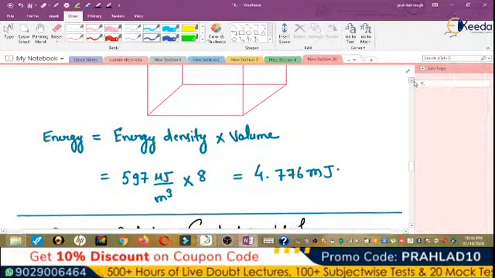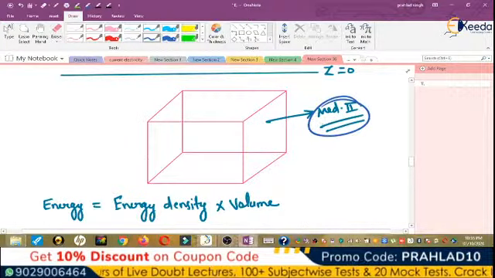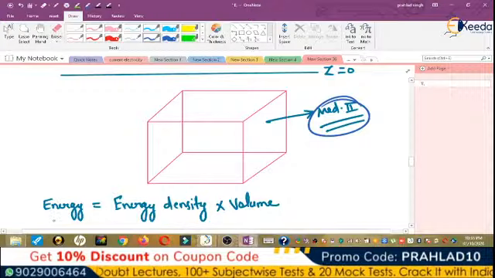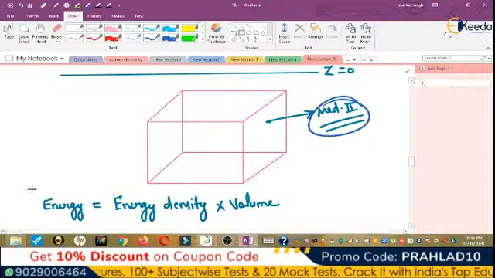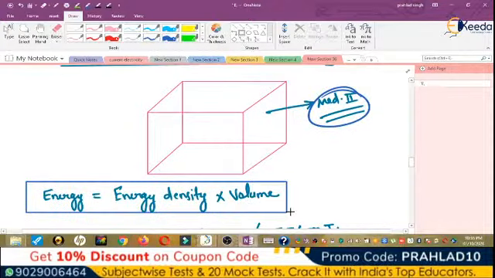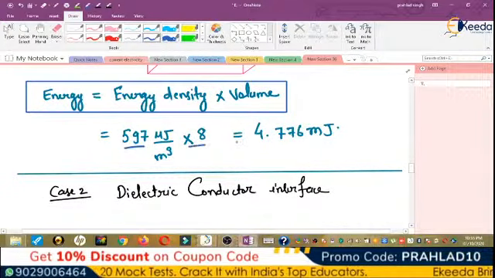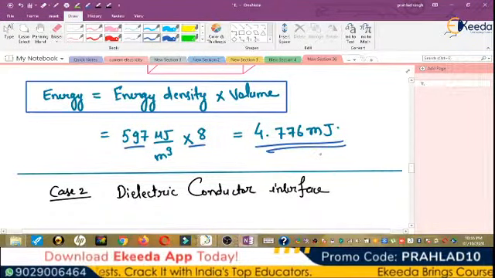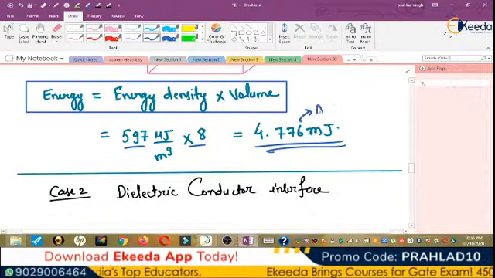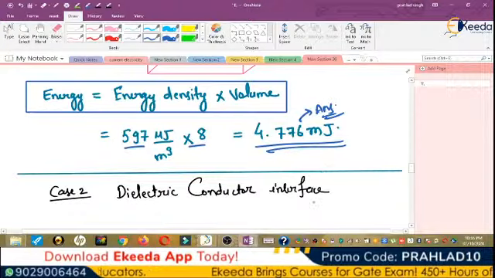So this cube is lying in medium number 2. So simply using this formula, energy is equal to energy density into volume. Just multiply and we will get our answer, 4.776 millijoule. So this is our answer, the energy within the cube.